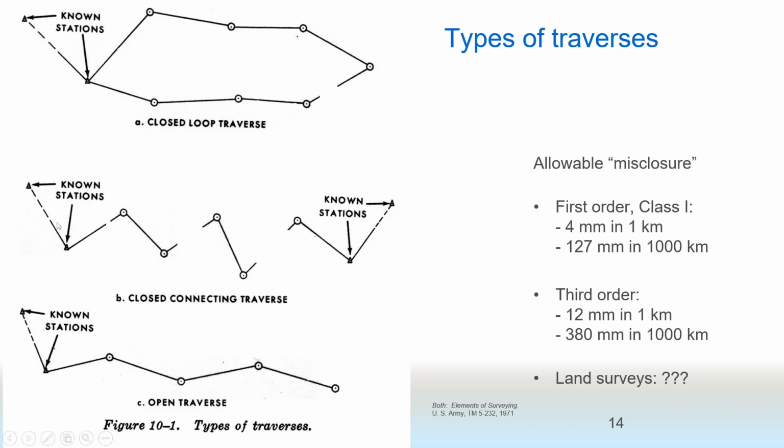It begins from known stations and then ends at points with known coordinates. An open traverse only begins from a known station and then goes not very far, into the unknown area.